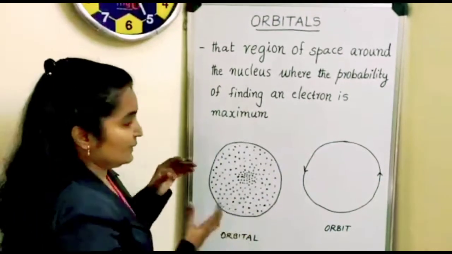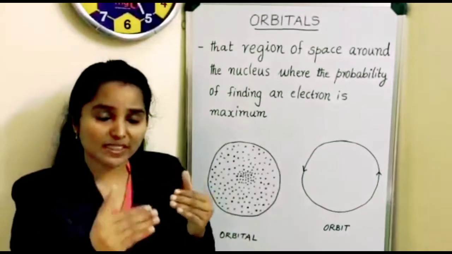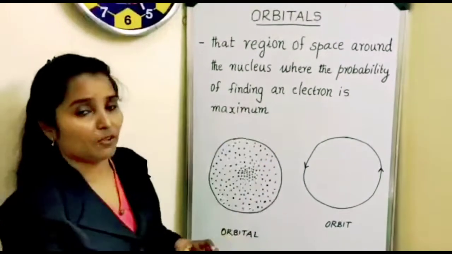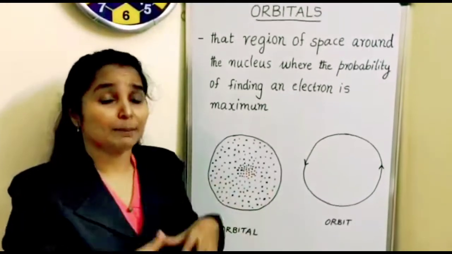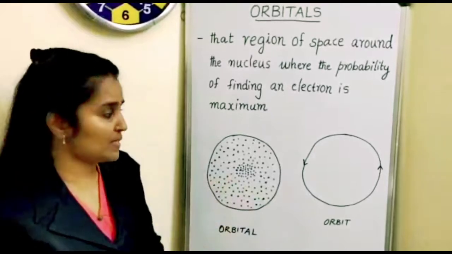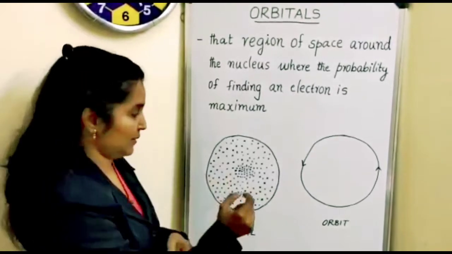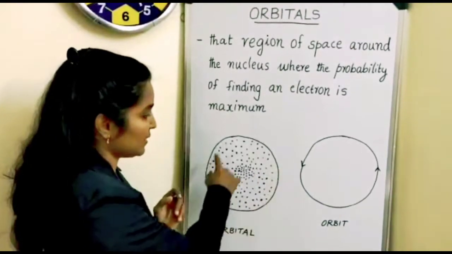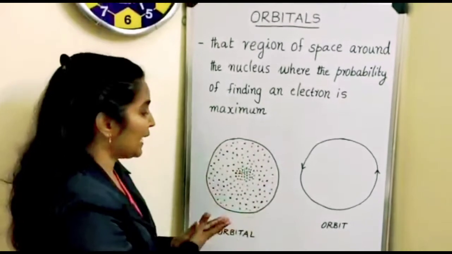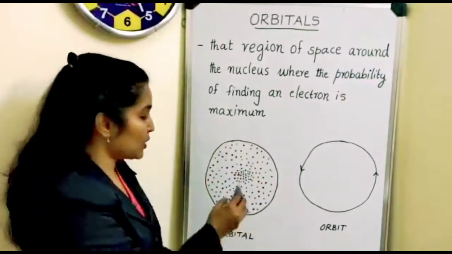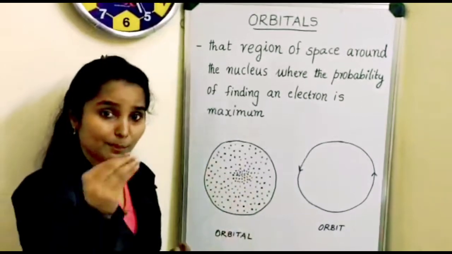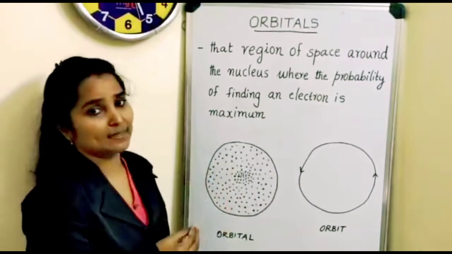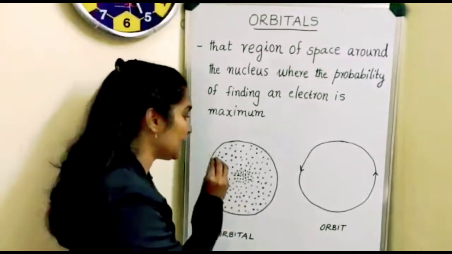This concept of orbitals can be represented by different means, but for a better understanding, it is represented by a dot structure. You can see here, dots are presented in that whole sphere, and the density of the dots will be different from place to place. Where the density of dots is more, there the probability of finding the electron will also be more.